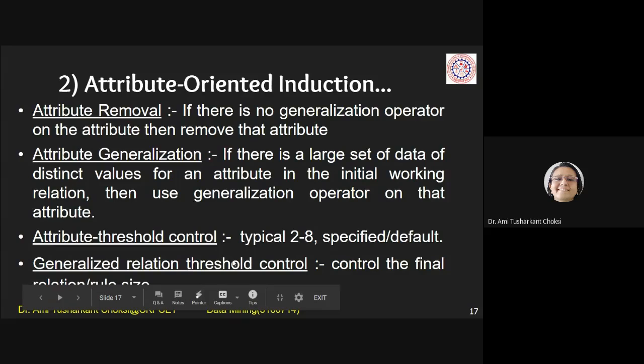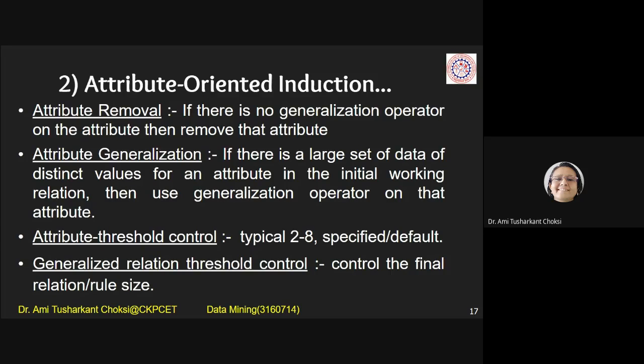Generalization relation threshold control. So what do we say about that? Control the final relation or rule size, right? Now threshold control is there on the generalized relation. After applying a generalization operator, whatever is the generalized relation, on that we are giving the threshold control, and that is for the final relation or final rule size.